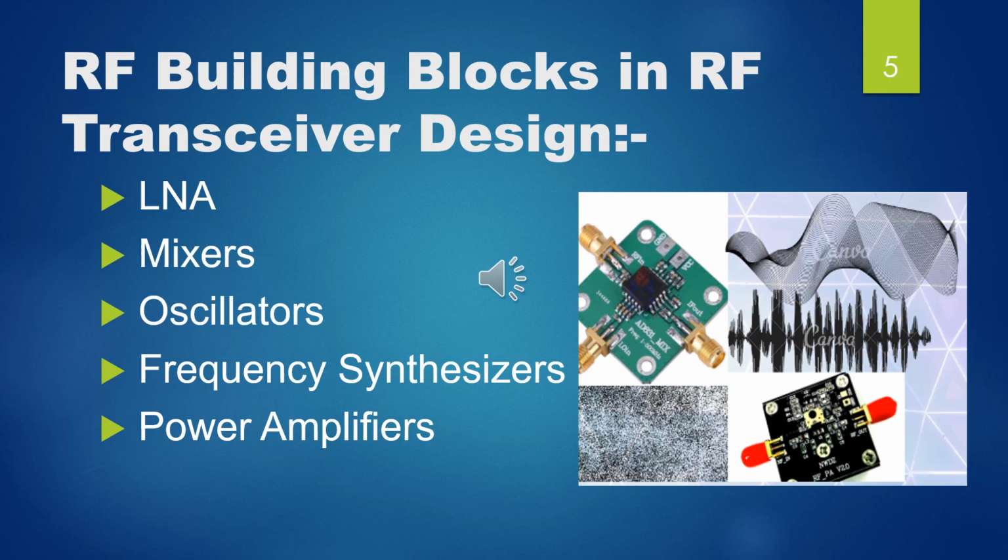And then the frequency synthesizers are used to generate the local oscillator signal in transceiver systems. And power amplifiers convert a low power radio frequency signal into a high power signal. Basically, RF power amplifiers drive the antenna of the transmitter.